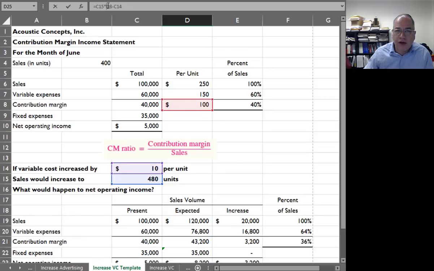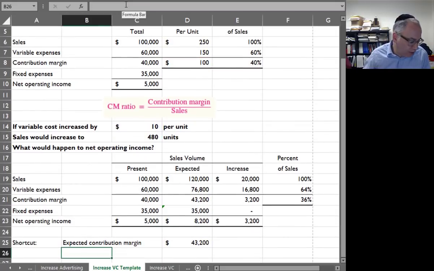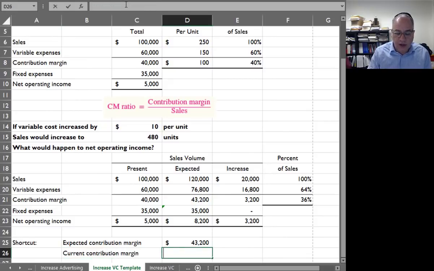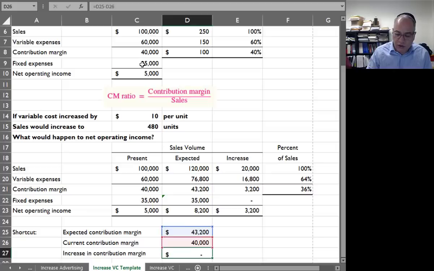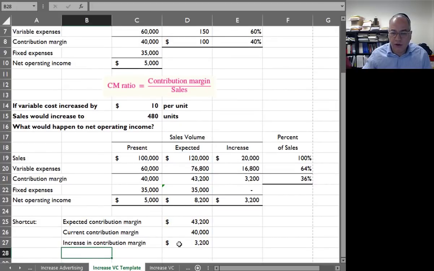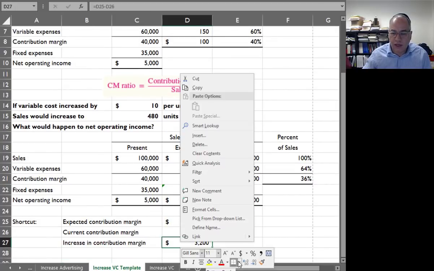So right now the contribution margin is $100 a unit. It would go down to $90 a unit. So it would be $90 a unit times 480 units, or $43,200. The current contribution margin, and this is just one way to do it, there's a few other ways, we know is 40,000. So therefore the increase in contribution margin would be 43,200 minus 40,000, or $3,200.